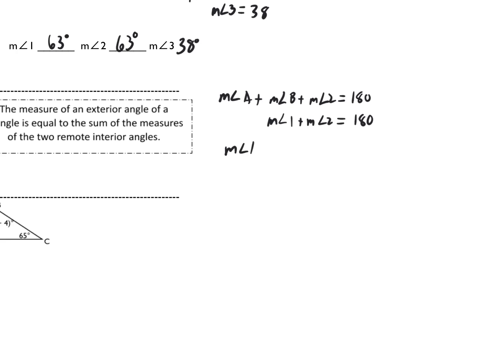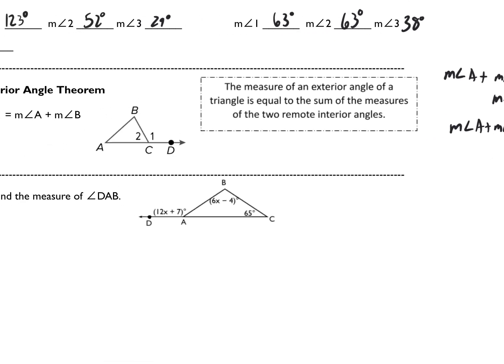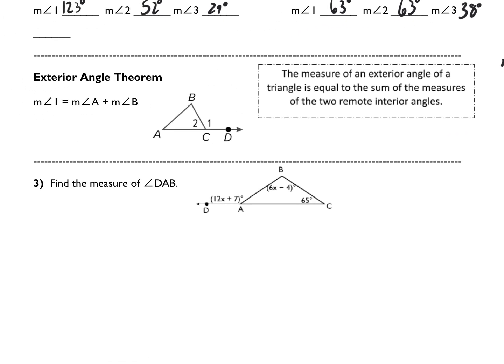So I can say the measure of angle A plus the measure of angle B plus the measure of angle 2 equals the measure of angle 1 plus the measure of angle 2. And now I can use the subtraction property, subtract the measure of angle 2 off of both sides, and I get the measure of angle A plus the measure of angle B is equal to the measure of angle 1. So that is the exterior angle theorem.